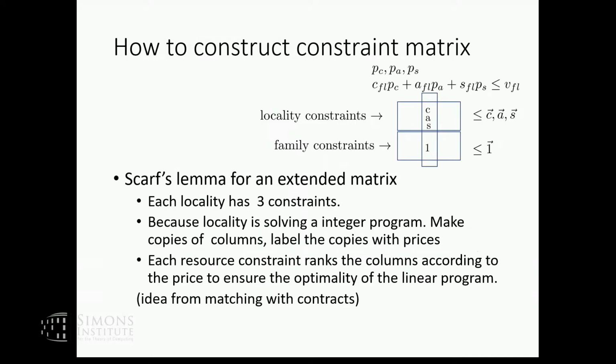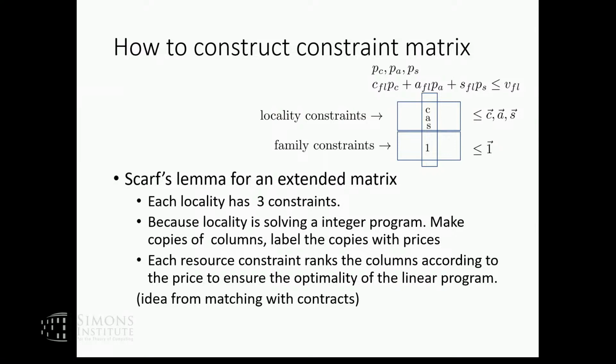So the way that we can construct this back to the Scarf lemma is the following. Here again, I have the family constraints and the locality constraints in the same way as before. But now, remember, the locality doesn't have a strict order on the families anymore. It has a complex linear integer program.